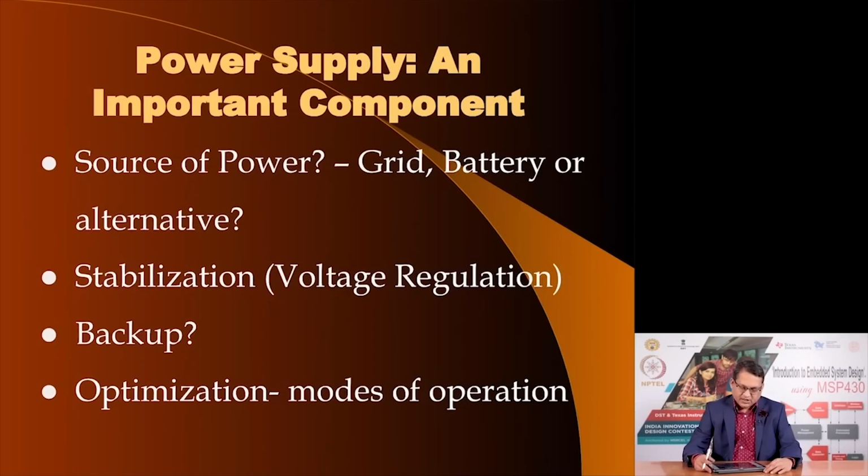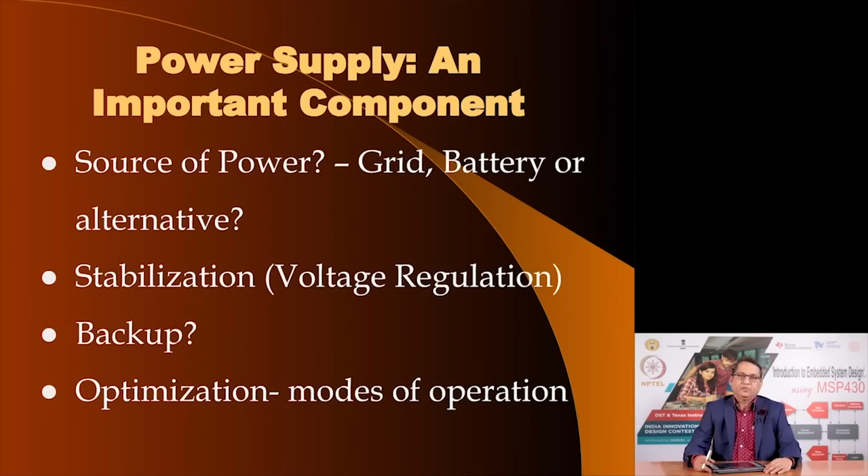So, here are the elements that we have to consider when we design the power supply. Power supply is a very important component. The first question that we must answer as designers of embedded systems is, what is the source of power?